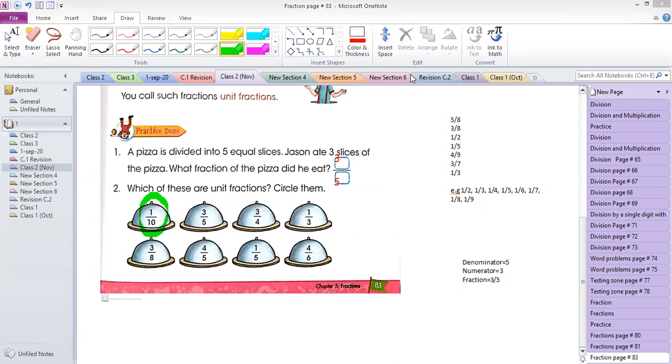Yes, so circle it. 3 over 5, is it a unit fraction or not? No. That means we don't need to circle 3 over 5.